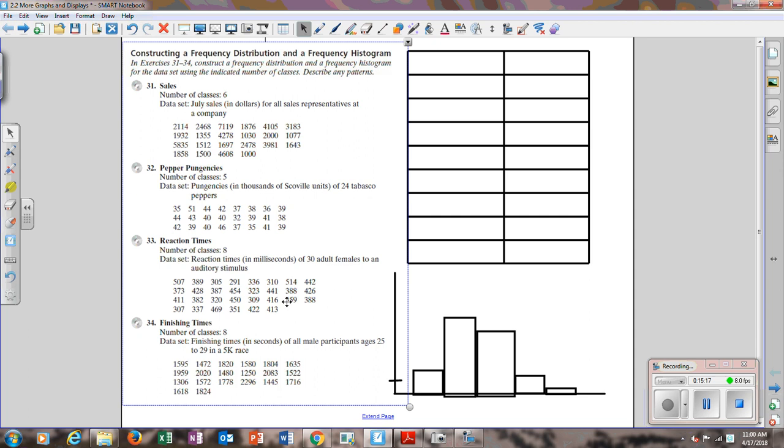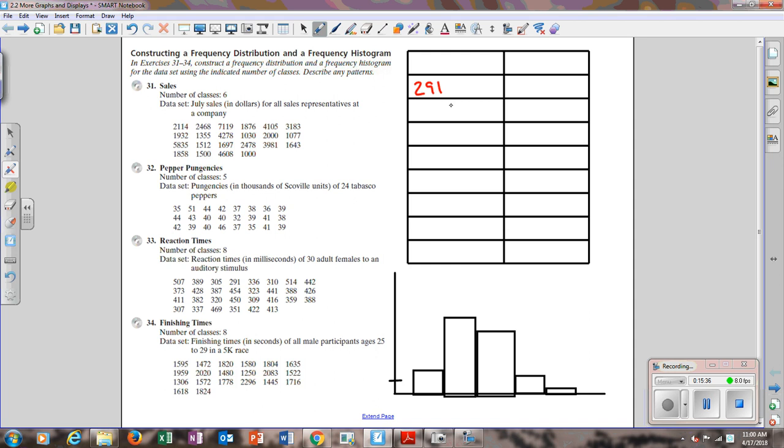Okay, so we do 514 minus 291, then divide that by 8, because there are 8 classes. That gives us 27.8, so we round that up to 28.